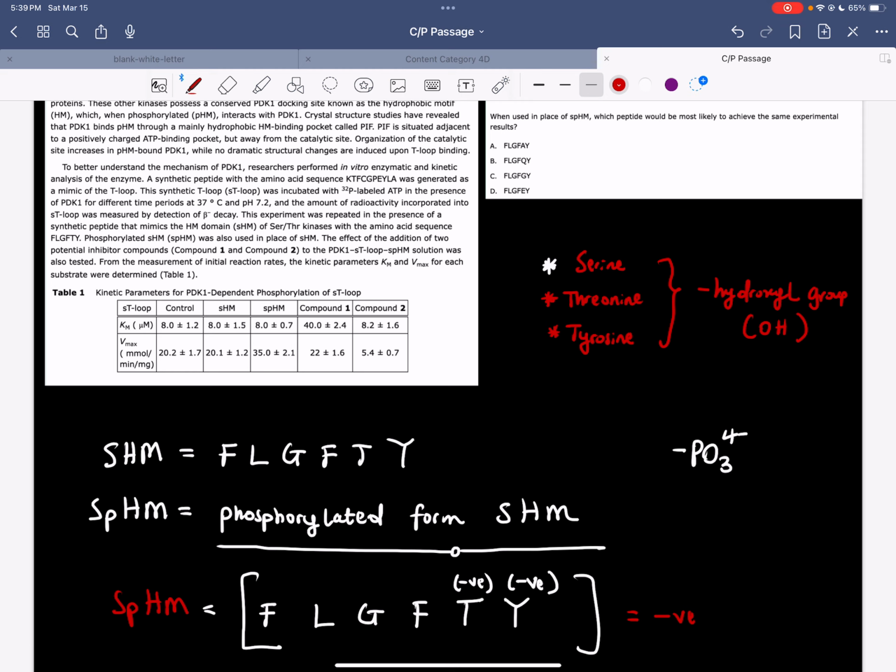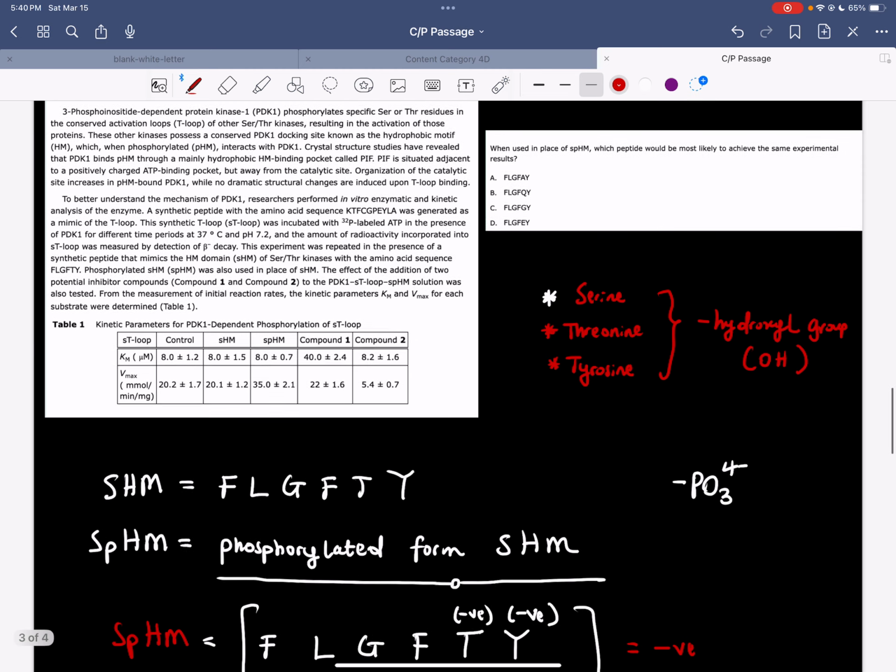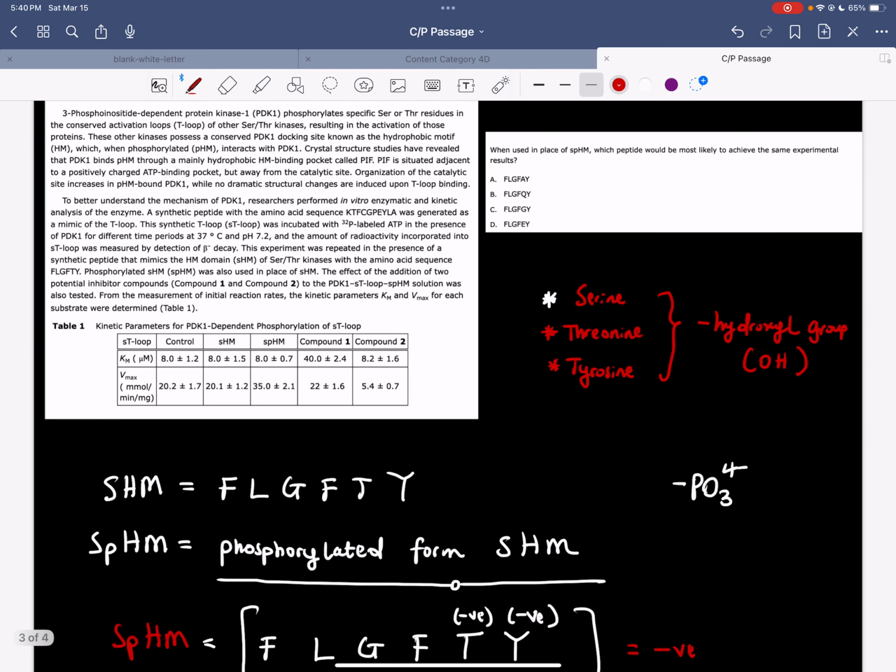Sterics is not really the big problem here. Electronics is, because SPHM introduces negativity, so it changes the electronic structure of the peptide. So we need to find which peptide has the same electronic effect as SPHM. Basically, which of these peptides will be negative? That is what the question is asking us.